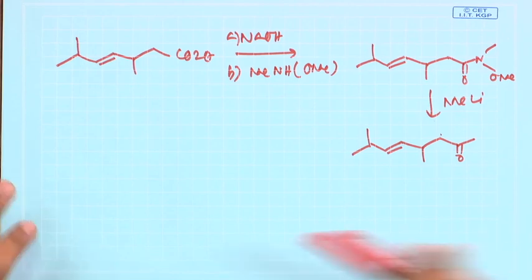So, the Weinreb ketone synthesis is one of the important syntheses where you can essentially tune the reactivity of an amide. Esters are highly reactive. If you subject an ester to excess nucleophilic reagent like a Grignard reagent, that will give you a tertiary alcohol. It will not stop the reaction at the ketone stage.